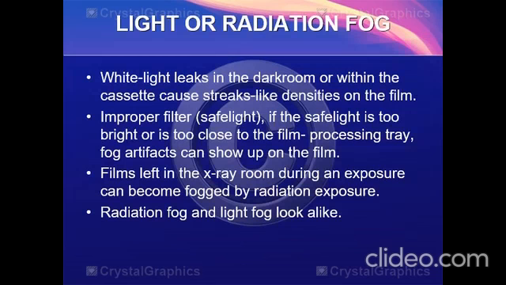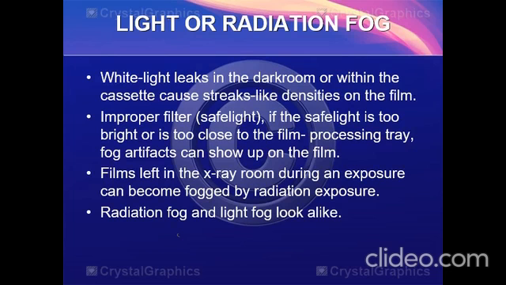Next, we have radiation or radiation fog. As I have mentioned also, ang appearance niya ay the same din sa chemical fog, parang dull gray siya. So, the white light leaks in the dark room or within the cassette cause streaks of light densities on the film. Improper filter also of the safe light: if the safe light is too bright or is too close to the film or is too close to the processing tray, fog artifacts can show up on the film.